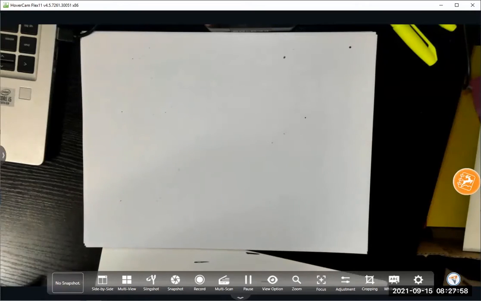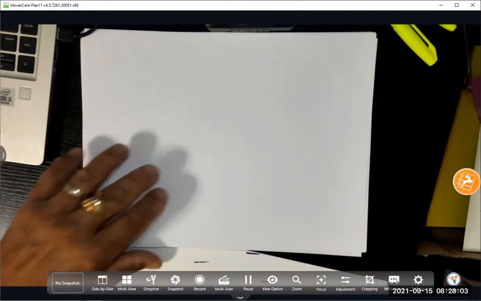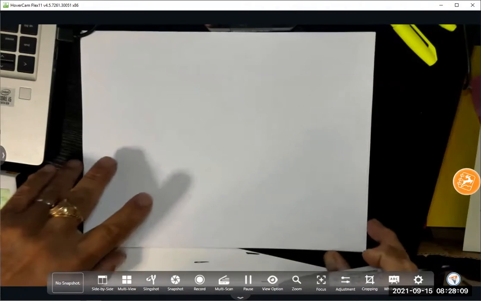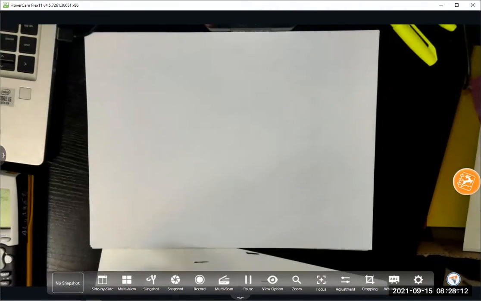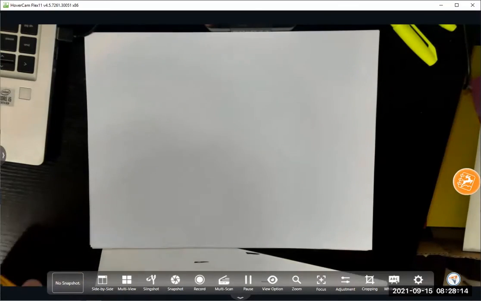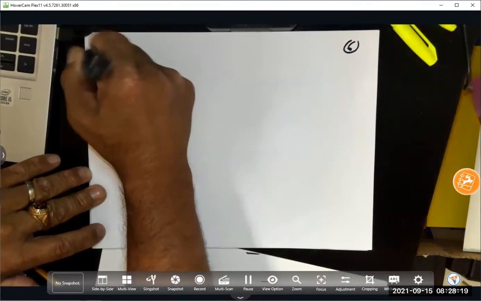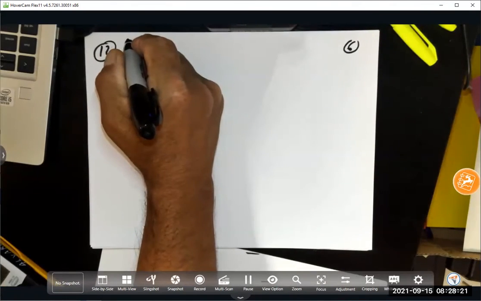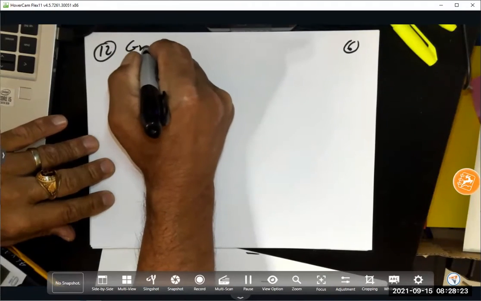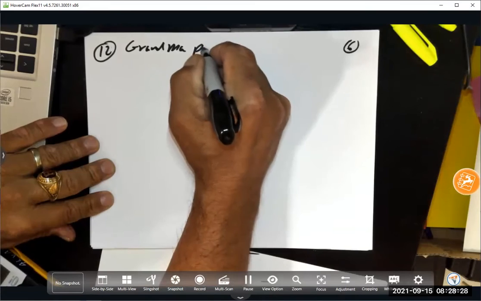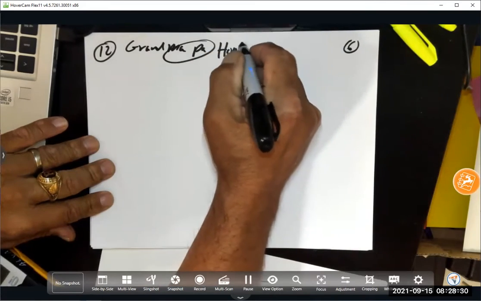All right. So now, let me do another formula then. All right, so let's say number 12. Okay, it's number 12. Ready? So let's say, I just make up some numbers. Grandma and grandpa's house.